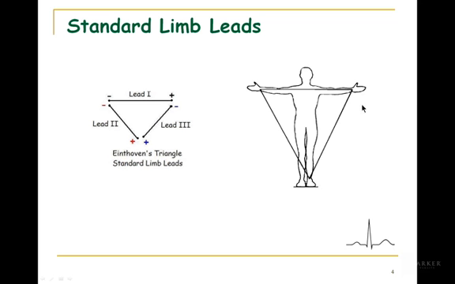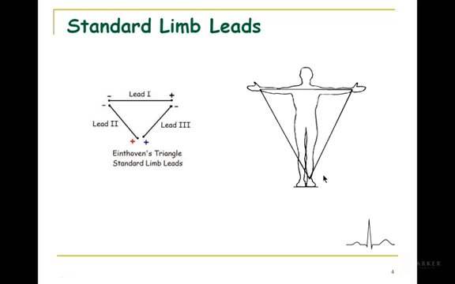Now for standard limb lead III, you have the negative recording electrode placed on the left wrist, and you place the positive recording electrode on the left ankle, and you get another view of the heart. It's about 120 degrees relative to the heart. So you get three different views of the heart measured on the frontal plane, and these standard limb leads are referred to as bipolar leads.